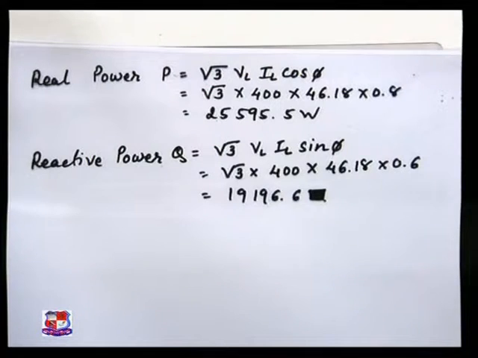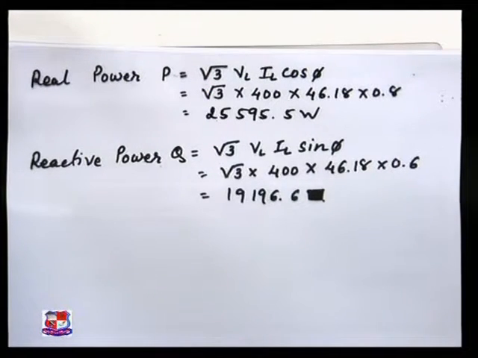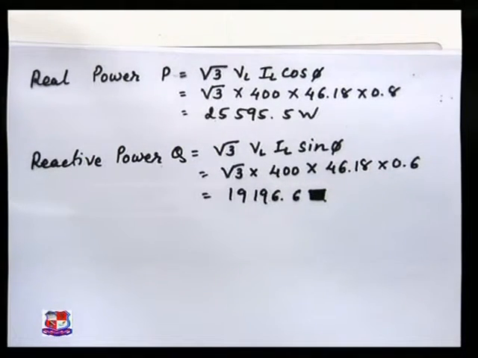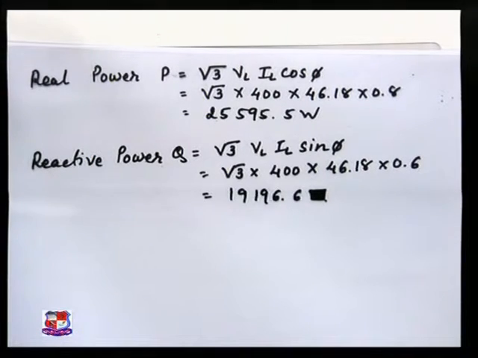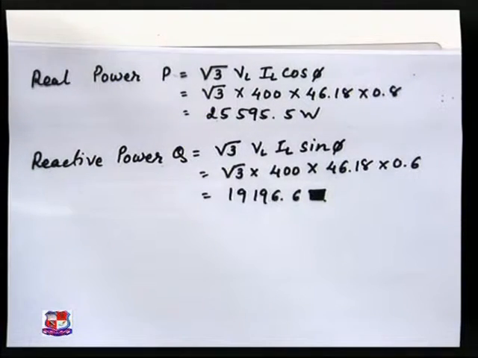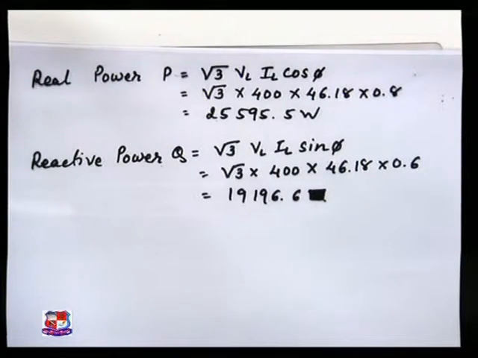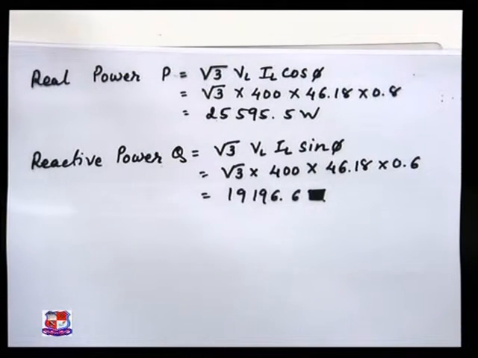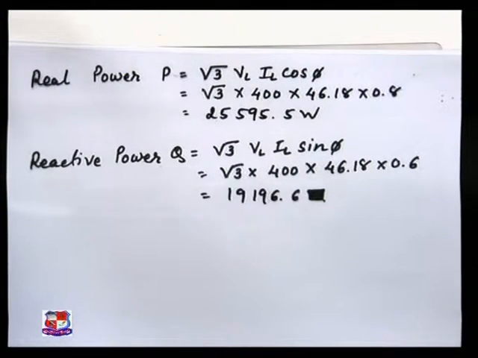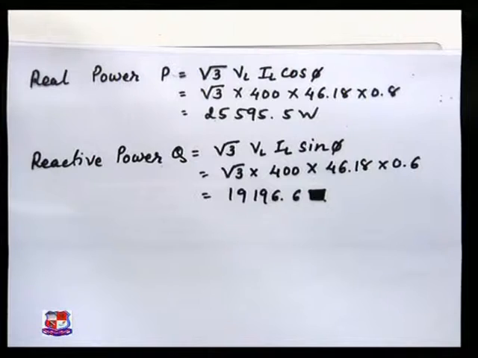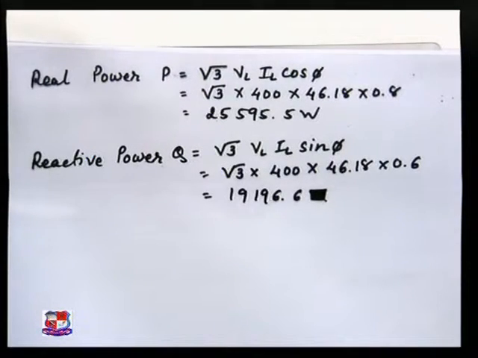If it is a single phase circuit, it is just VI cos phi. This is the basic difference between single phase and three-phase circuits. V_L and I_L are known, and cos phi is already found.